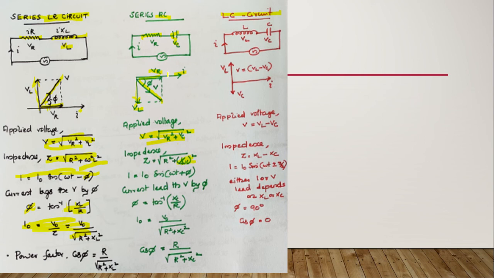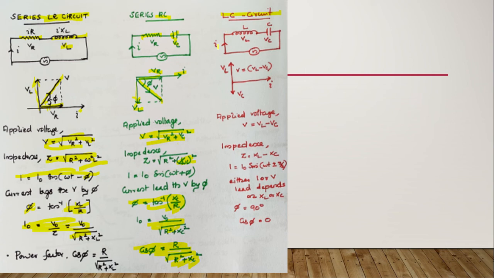And here we can say that current leads the potential by phi or potential lags the current by phi. So we can find that tan phi takes the value XC/R. So cos phi we can easily find as R division by √(R² + XC²). So that is the power factor.